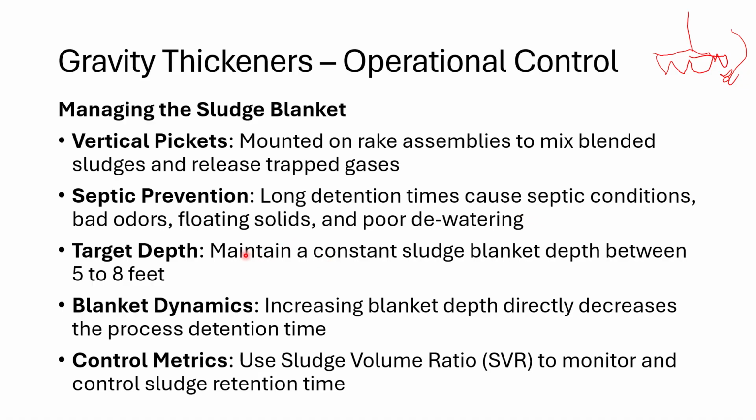We want to maintain the target depth of your sludge blanket at about 5 to 8 feet. Okay, that's going to allow for all of these things to take care of themselves and for our blanket not to go septic or anaerobic. So here's the thing.